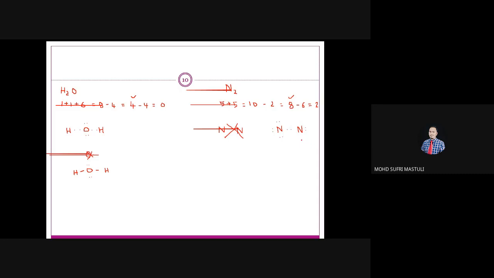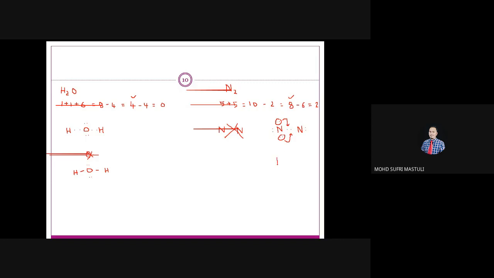But the problem is the second nitrogen doesn't have enough valence electrons to achieve the octet rule. It only has 2, 4, so it's not enough, it needs another 4. It means we should share another 4. These two should be shared to become a double bond, and this one should be shared to become a triple bond.